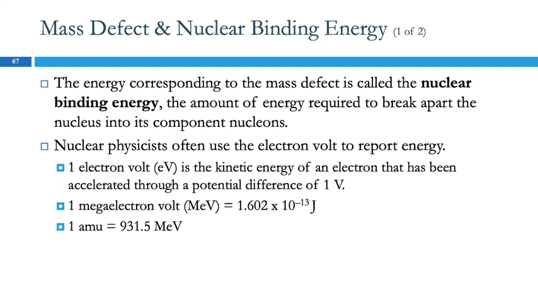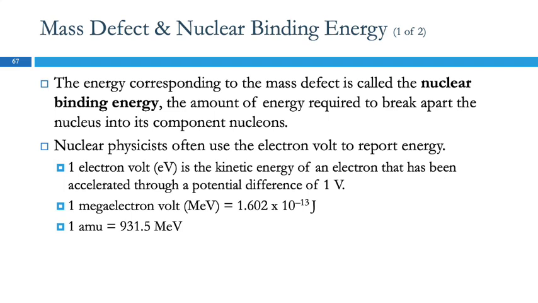That mass defect corresponds to the amount of energy needed to do that. So nuclear physicists often use electron volts to report energy instead of joules or something else. And so the unit electron volt is the kinetic energy of an electron that has been accelerated through a potential difference of 1 volt.